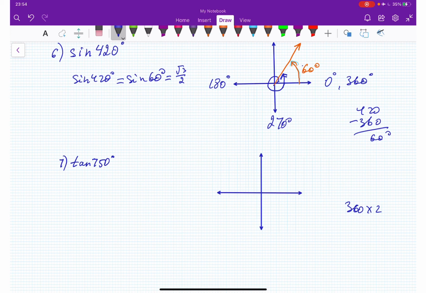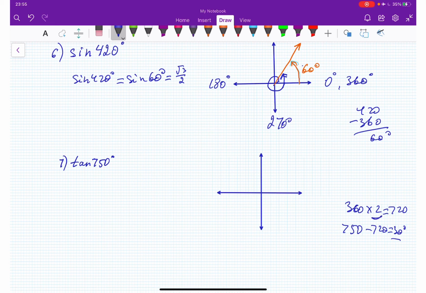Because it's one full circle, right? 360 times 2 is 720. So I will go 2 full circles, and then to get 750, I need to go another 30 degrees, right? Because 750 minus 720 is 30 degrees. So I'm going 2 full circles plus 30 degrees.